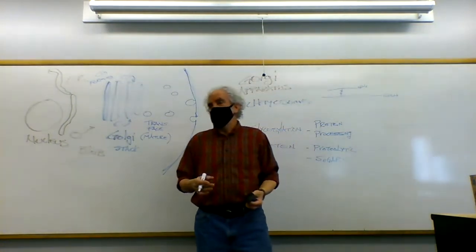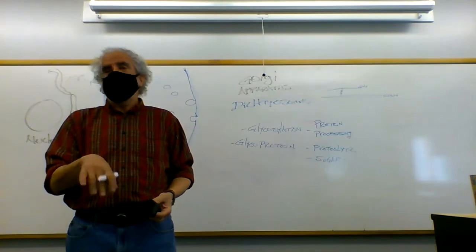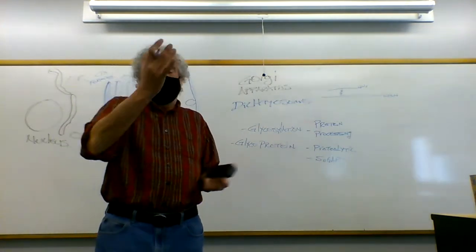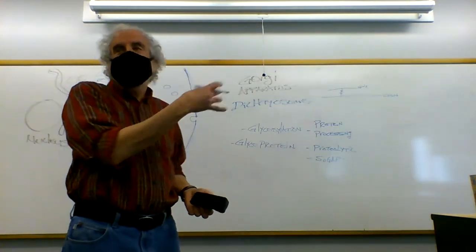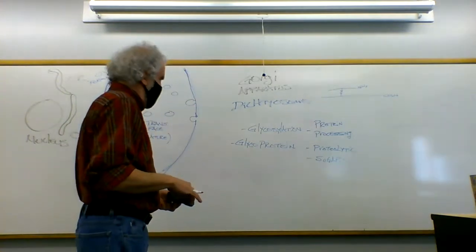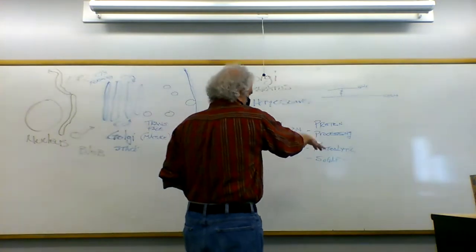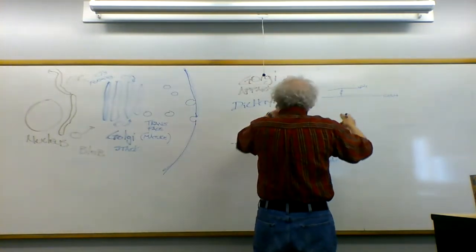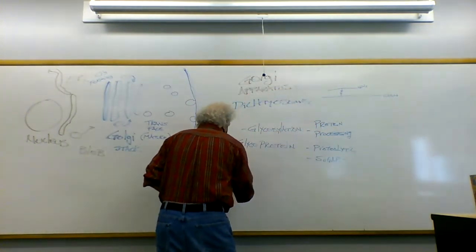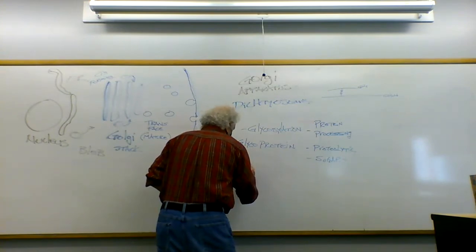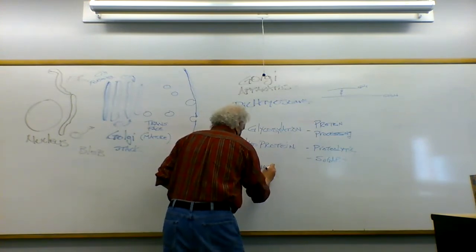But there are a whole bunch of proteins that if they're not processed properly, they won't work. And so there are mutations that are protein processing mutations. And so all kinds of interesting things happen here. So we've got protein processing, proteolytic activities, sugar being added. There's a whole bunch of protein folding events occurring here as well.